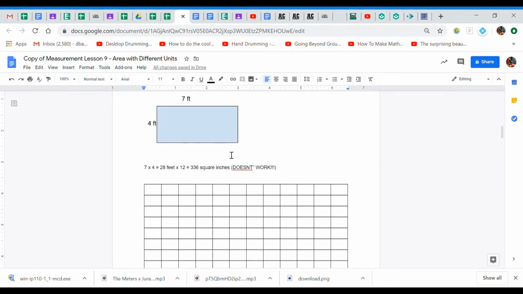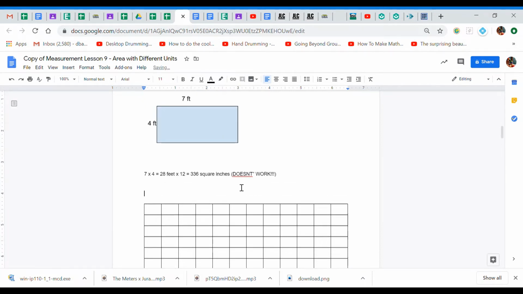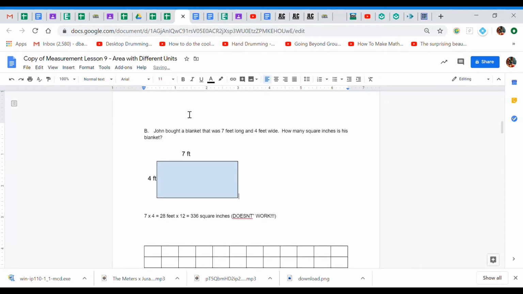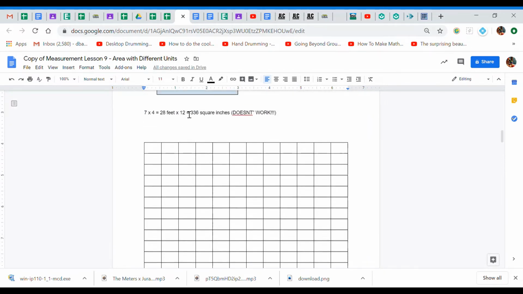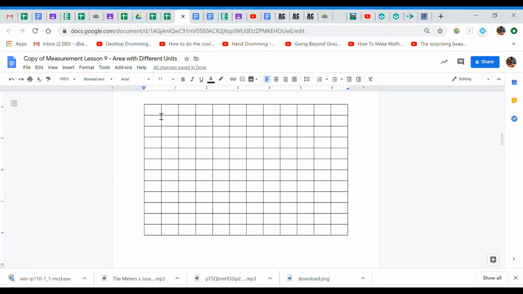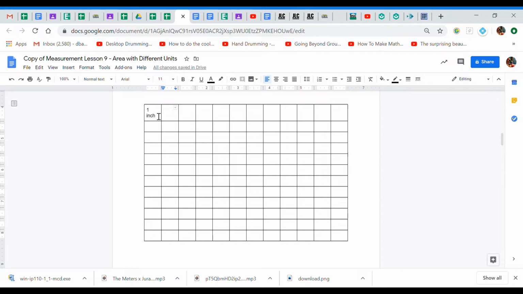Again, this is just imagining a rectangle that is 1 square foot. So that rectangle could be 1 foot and 1 foot, but then broken into inches. How many inches are in here? Well, 1 inch, 1 inch.